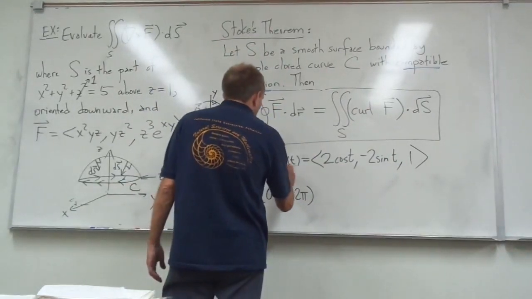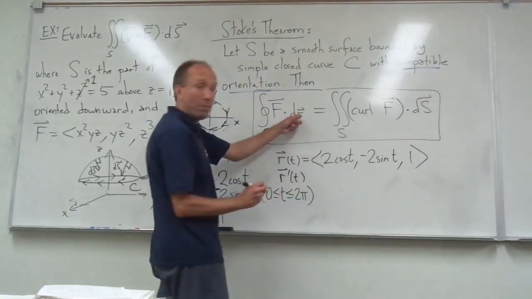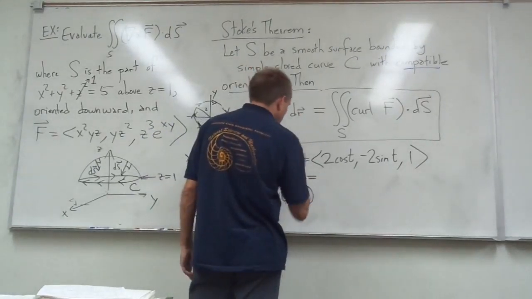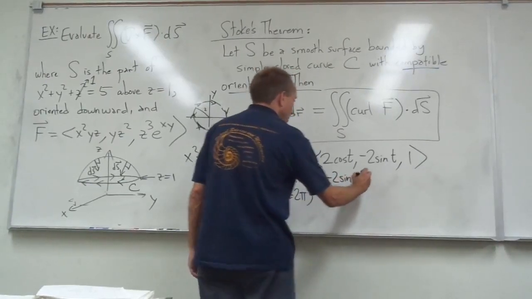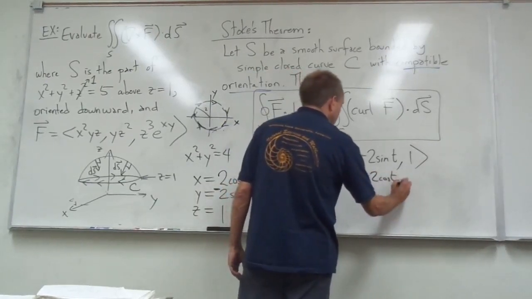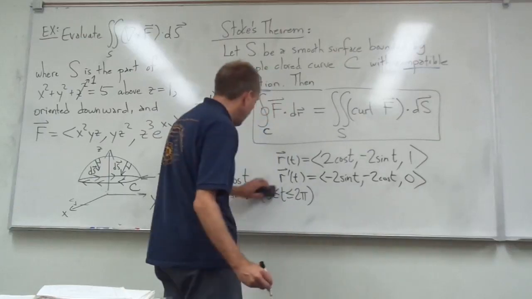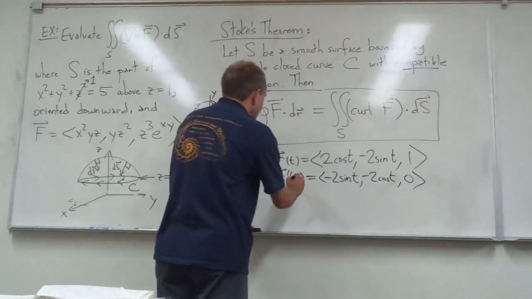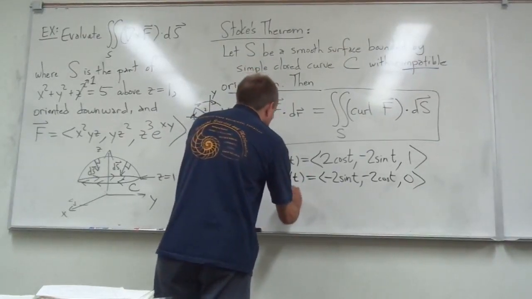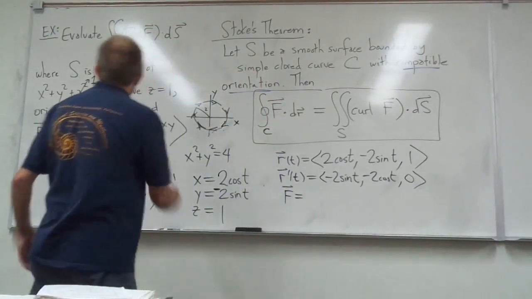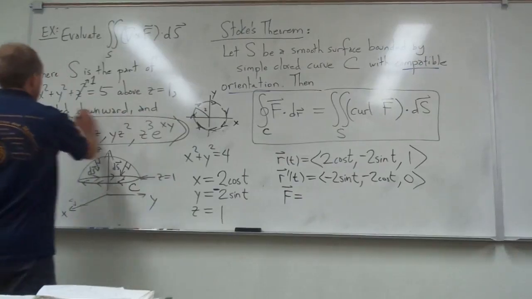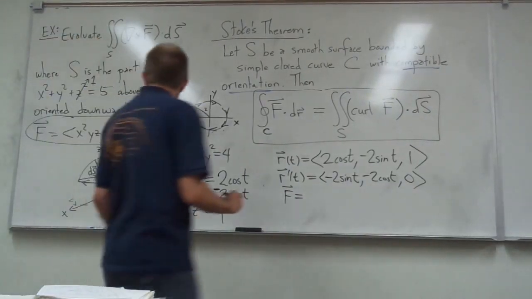So my r prime of t, we need the r prime of t for the dr, right? That's going to be negative 2 sine of t, comma, negative 2 cosine of t, comma, 0. And then I have to write my vector field in terms of t. My vector field is right here, so I'm going to put in everything into there.